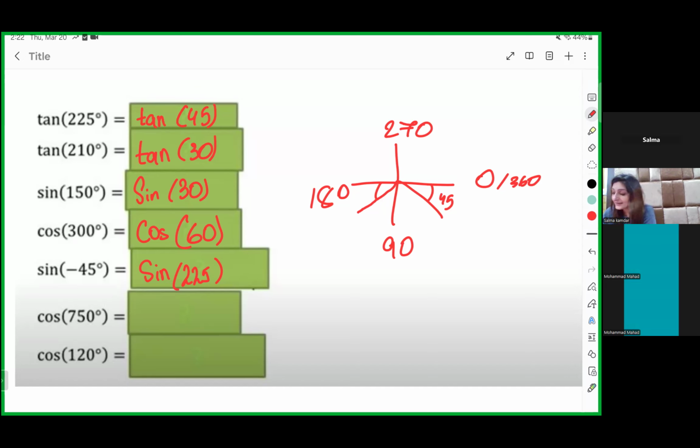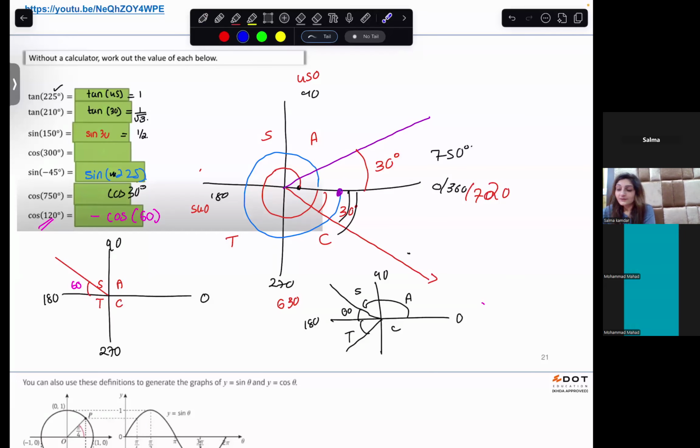The equivalent angle of cos 120 would be negative cos 60 because over here I do not have cos as positive. We are trying to find equivalent angles.